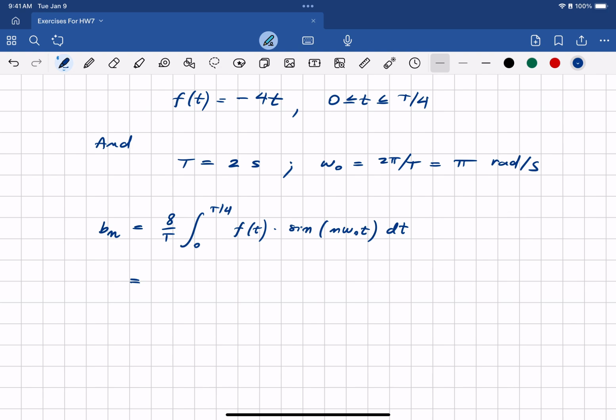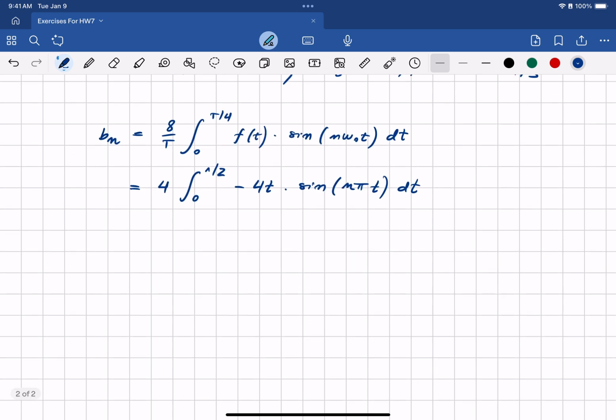So 8 divided by 2 is going to give us 4 here. And then we have 0. T is 2 again, then 2 divided by 4, that's 1/2. And then we have the function that is minus 4t, already defined, times sine of n omega naught, which is pi t dt. So now we need to calculate this integral.